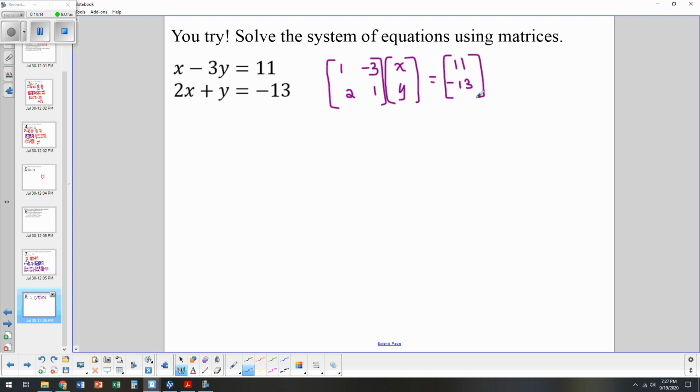All right, first we have the matrix equation. And then if we go and fully solve it, our answer matrix would be negative 4, negative 5. And that is using matrices to solve systems of equations.